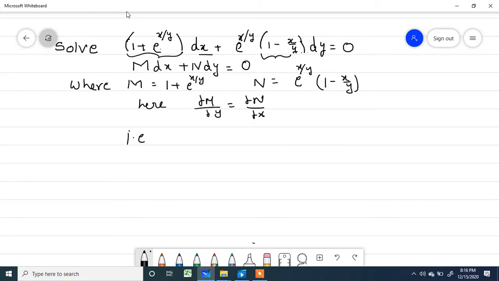That is, the given differential equation is an exact differential equation.